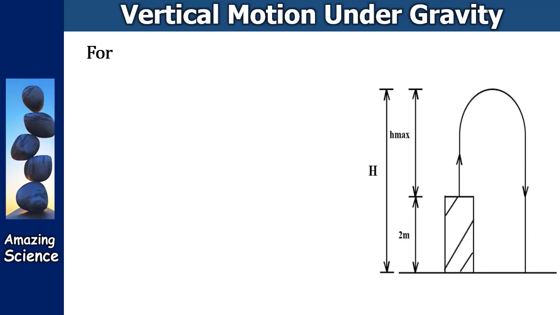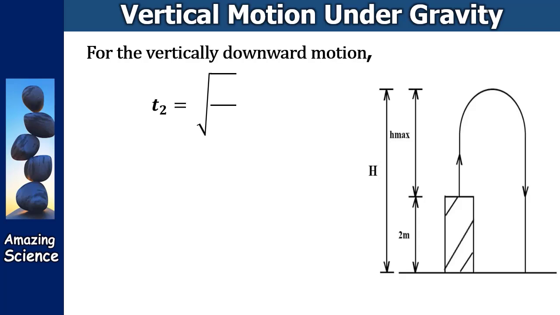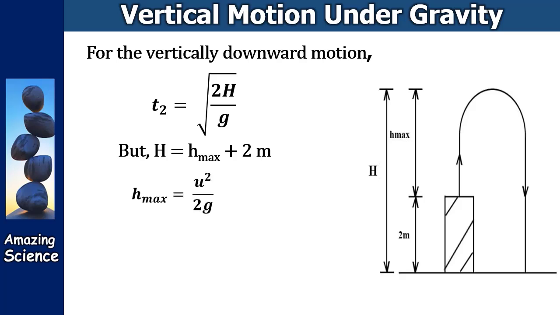For the vertically downward motion, we know that T2 is equal to the square root of 2H divided by g. Now we know the capital H is equal to the maximum height plus the 2 meter height. When the body moves vertically upward, we know that the maximum height reached is given by H max equal to u squared over 2g.